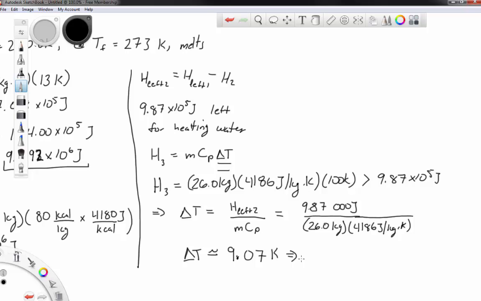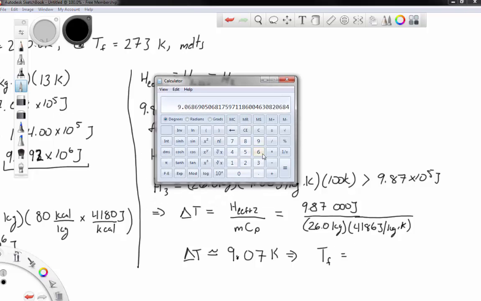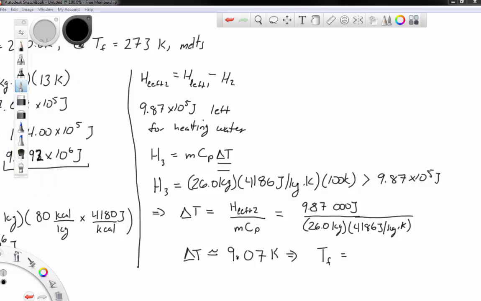Okay, so that means that the final temperature is 273 Kelvin plus 9.07 Kelvin. Adding that to 273 gives us 282.07 Kelvin, and since that 273 is a rough approximation, we can just round it.